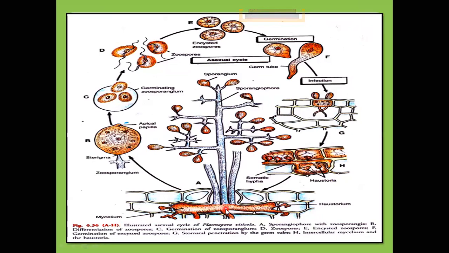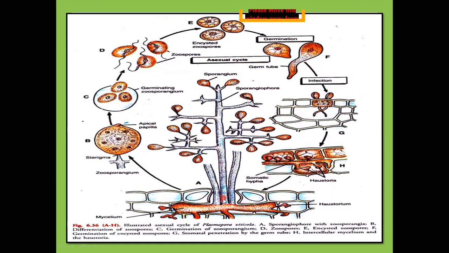Under favorable conditions, this mycelium grows and produces erect sporangiophores. The sporangiophore is 300 to 500 micrometers long and 7 to 9 micrometers wide. Then the sporangiophore is branched at almost right angles to the main axis. This is the main characteristic of Plasmopara viticola.